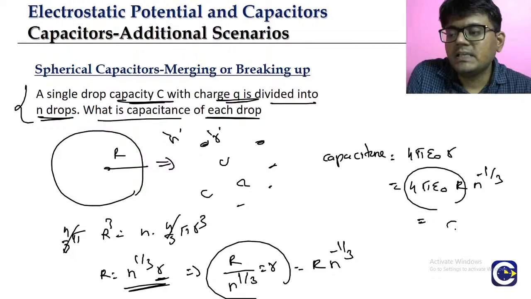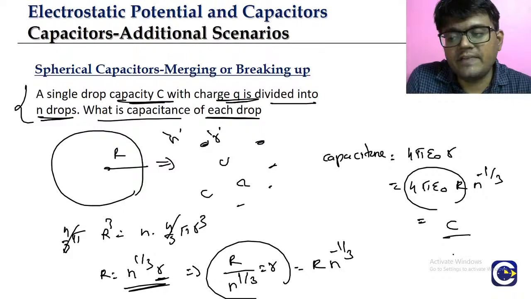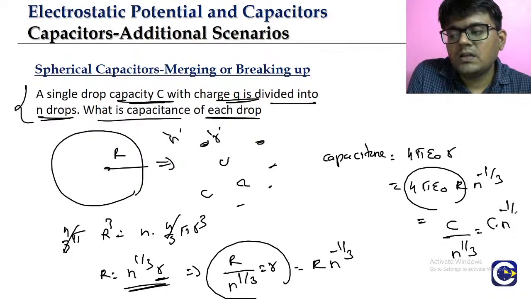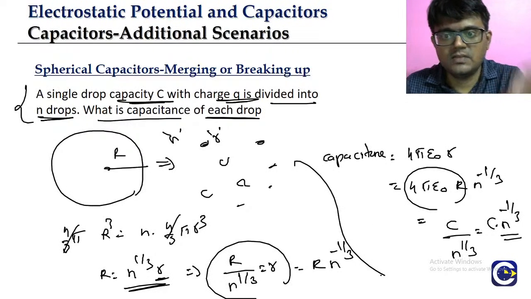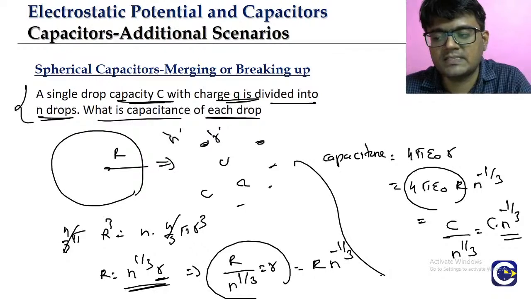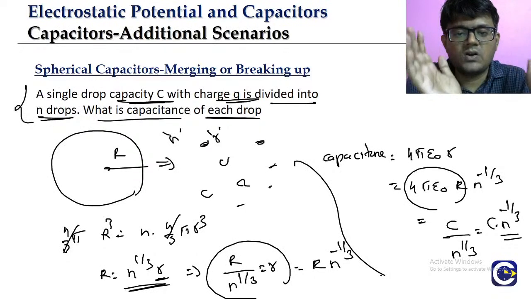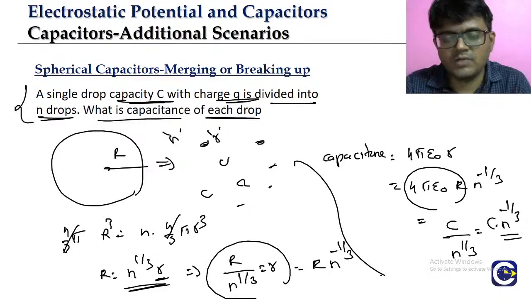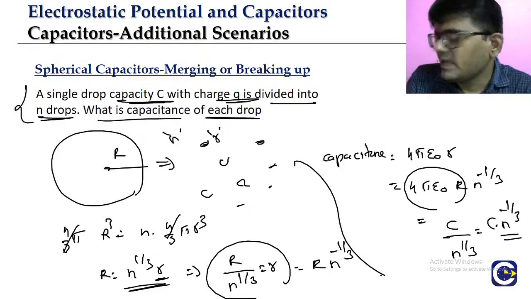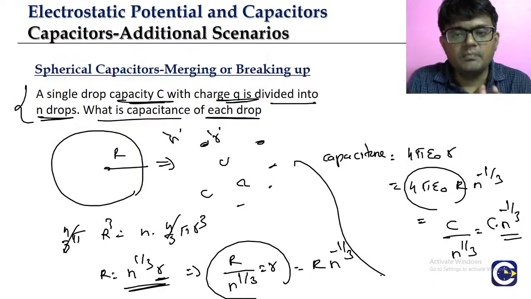These are the original capacitance. Either we say original capacitance divided by n power 1 by 3, or n power minus 1 by 3. That is the new capacitance. In terms of the original bigger drop, the capacitance is C divided by n power 1 by 3. Okay, wow. So this is the case of breaking up.